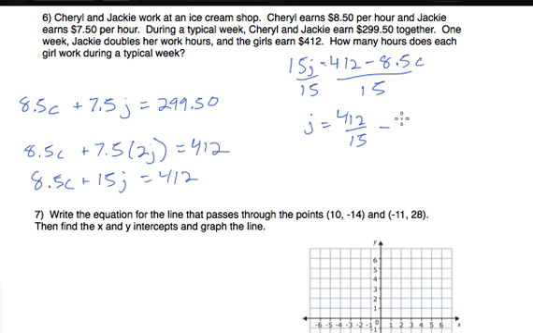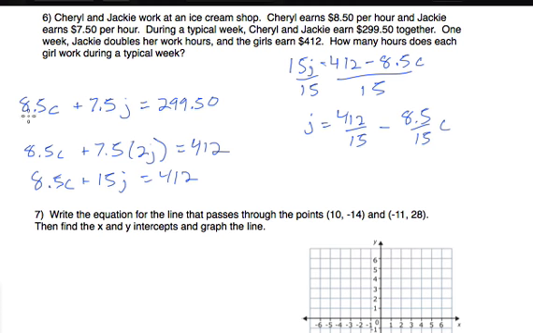I'm going to use the fractions, 8.5 over 15, because I have a feeling this is all going to work out in the end. Okay, so J equals 412 over 15 minus 8.5 over 15C.